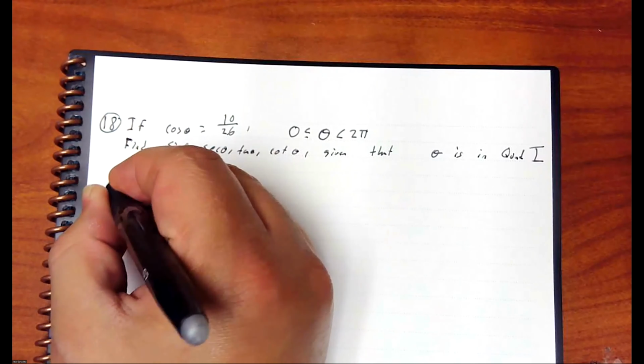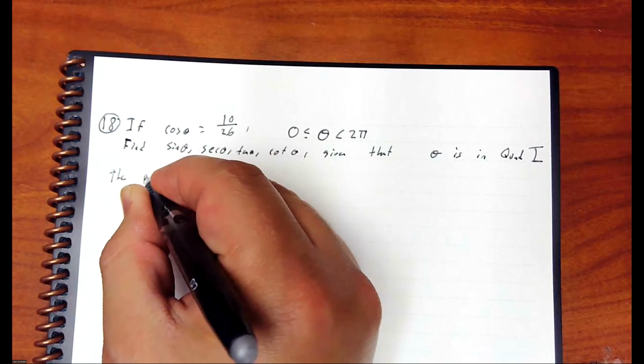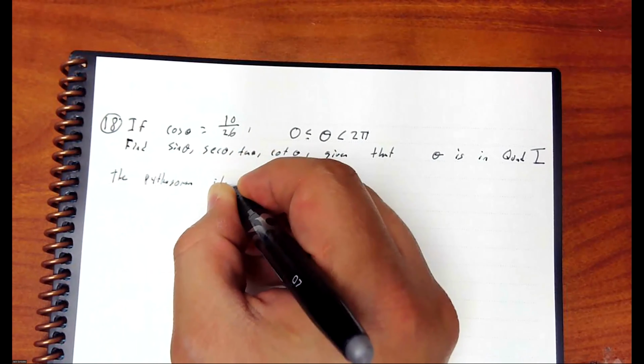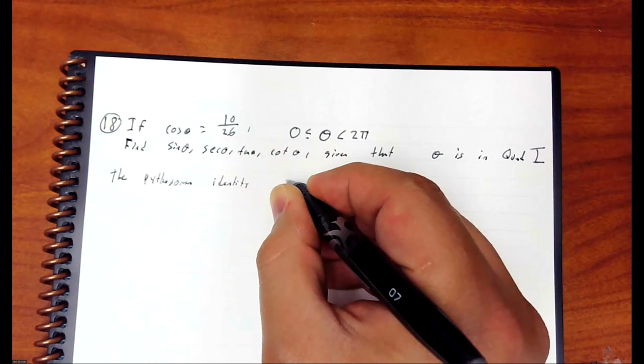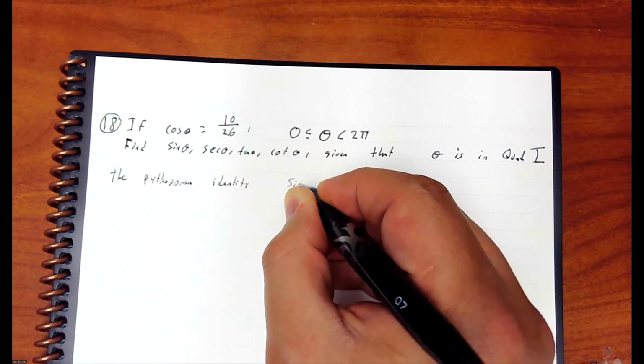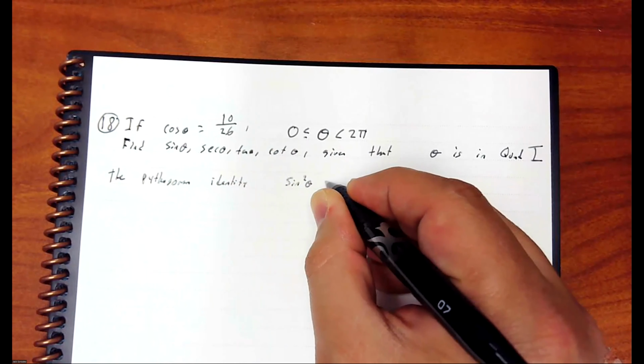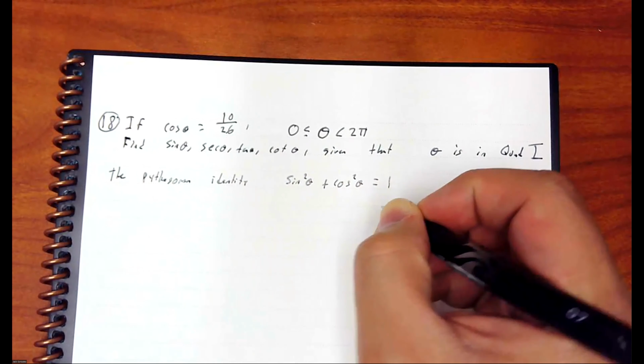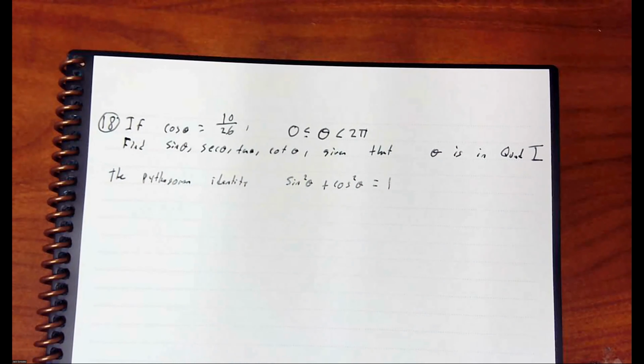So we can use the Pythagorean identity. That says sine squared theta plus cosine squared theta is equal to 1. You can also use the formula for the unit circle, right?